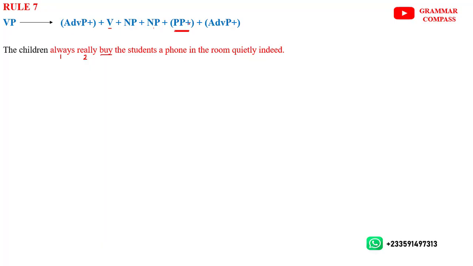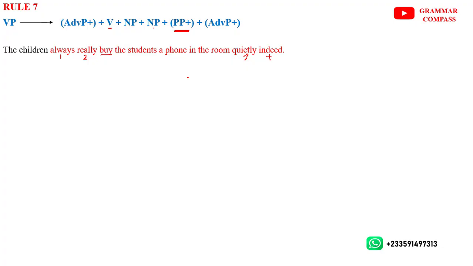Over here, the PP is in the room. We have just one prepositional phrase, in the room, and then we have two adverb phrases qualifying the head word buy. We have quietly as an adverb phrase, and then indeed as another adverb phrase. So we have three and four adverb phrases. Then we have only one prepositional phrase and two noun phrases.